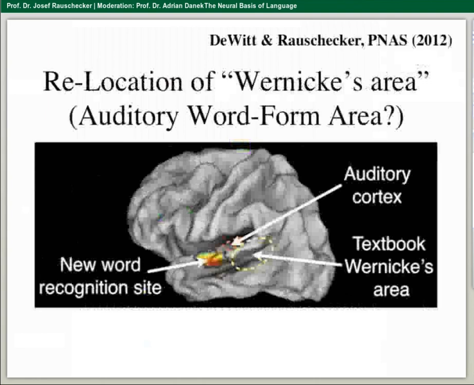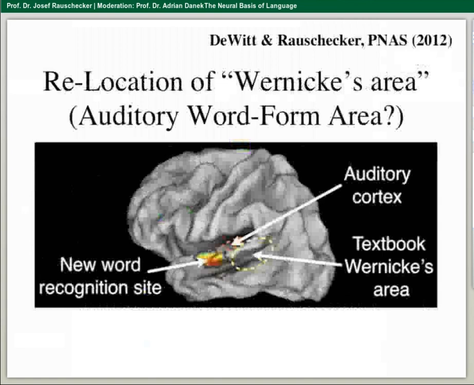Wernicke's area, if you define it as the part of the brain that processes speech, which you might argue with, but that's one possible definition, had to move from here, where it's described in most textbooks, to here. So we talk about a relocation of Wernicke's area.